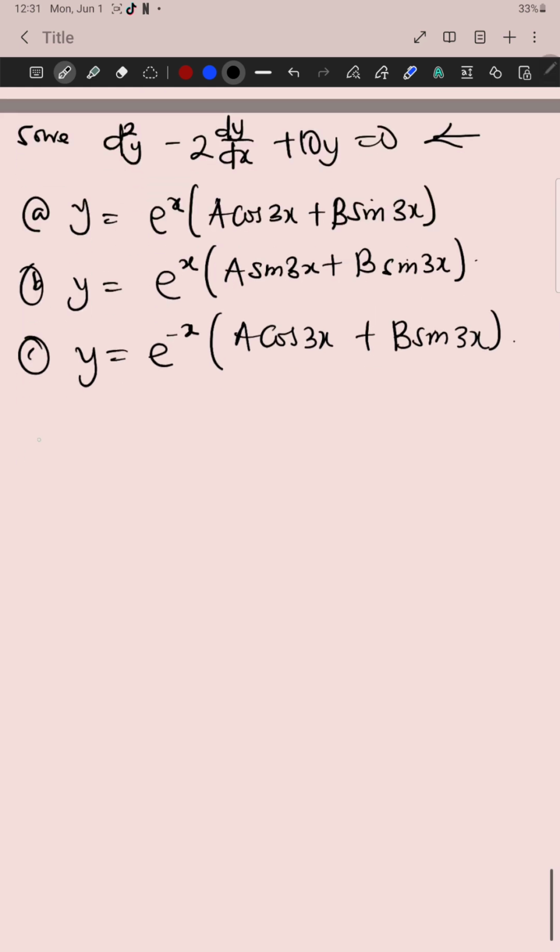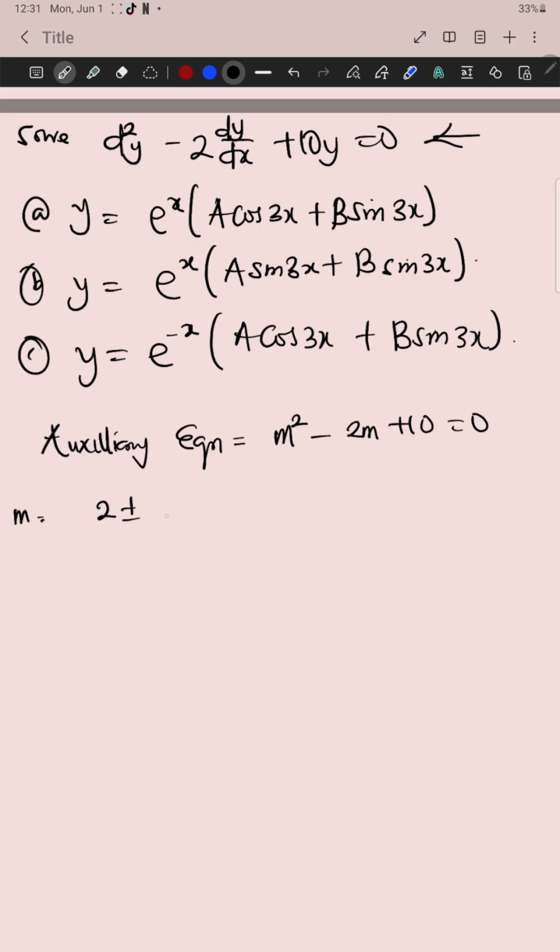So from here, let's get the auxiliary equation. The auxiliary equation will be m squared minus 2m plus 10 is equal to 0. It means that m is equal to 2 plus or minus, using the quadratic formula: minus b plus or minus the square root of b squared minus 4ac, divided by 2a.